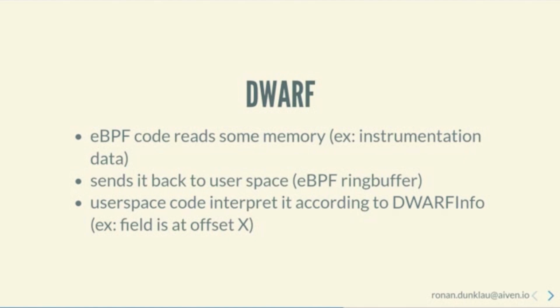So we can read this and send it to the client code. Then the user space code can read this memory and parse it according to the debug symbols. If we read a whole struct, like a whole instrumentation struct, we will then be able, client-side, to split it into different fields and make sense of them one by one.